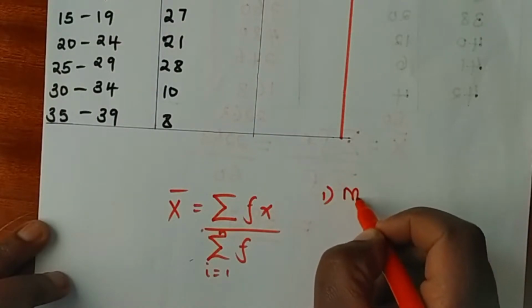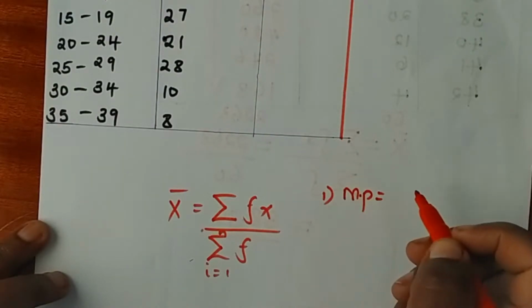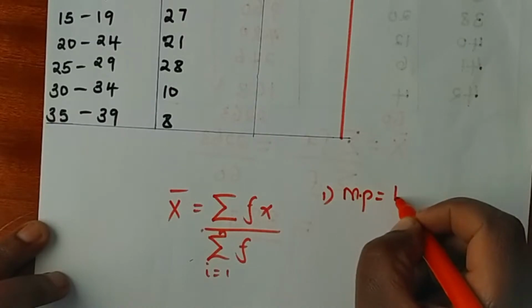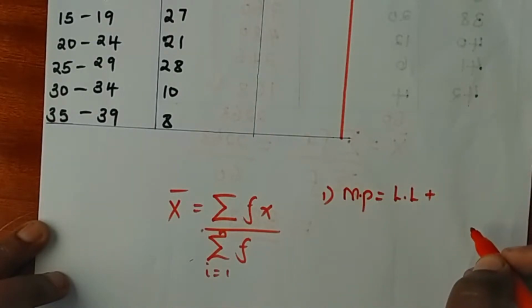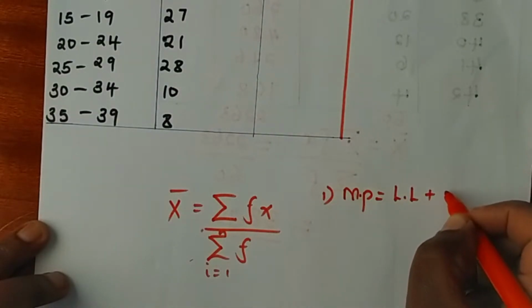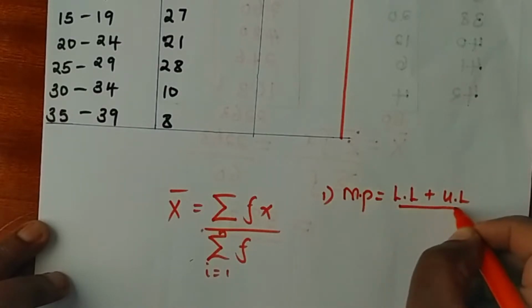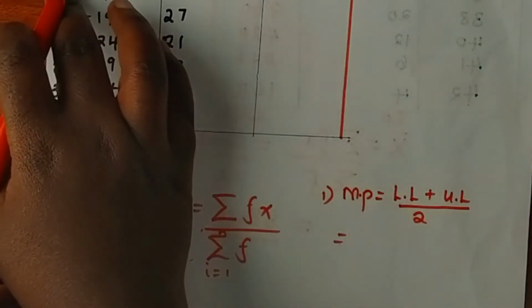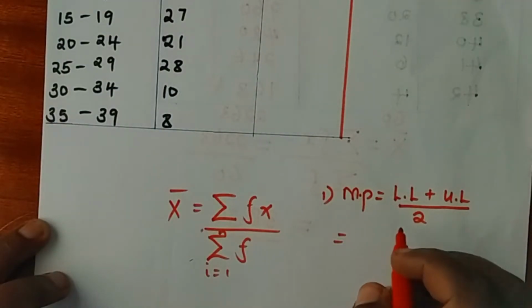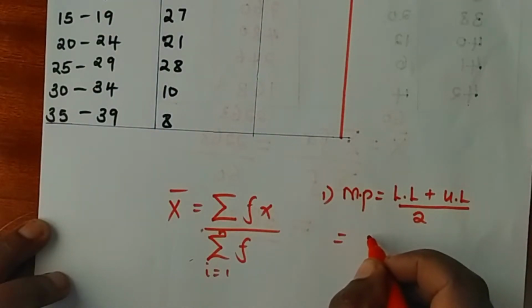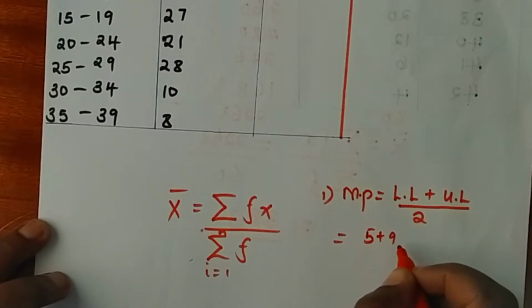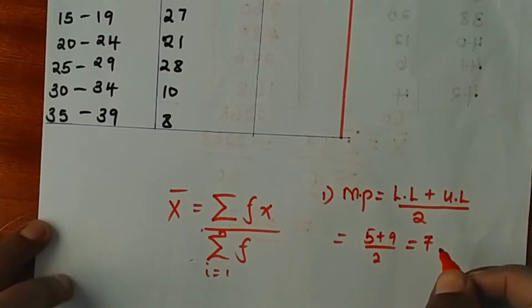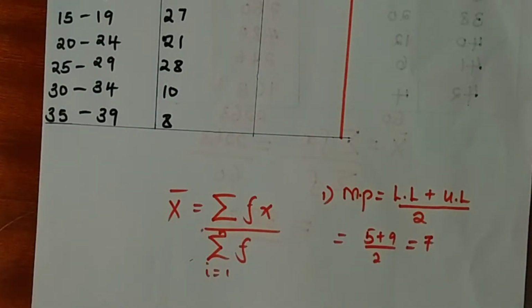The midpoint is obtained by the lower limit plus the upper limit, divided by 2. For instance, in the first case, the lower limit 5 added to the upper limit 9, divided by 2, gives a class midpoint of 7.